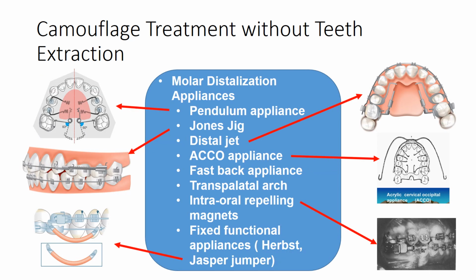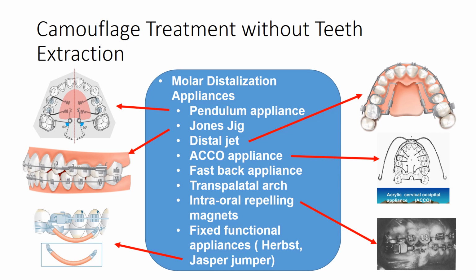Okay, molar distalization can be undertaken through various appliances. For example, you have the pendulum appliance, Jones jig, distal jet, and the ACCO appliance, which means acrylic cervical occipital appliance. You have the fastback appliance and transpalatal arches.